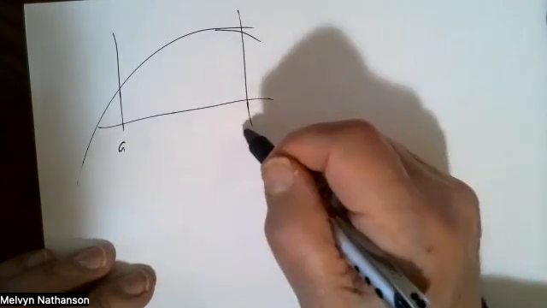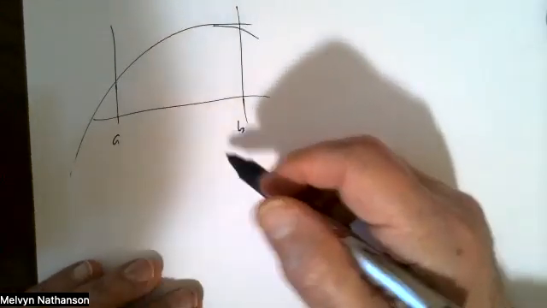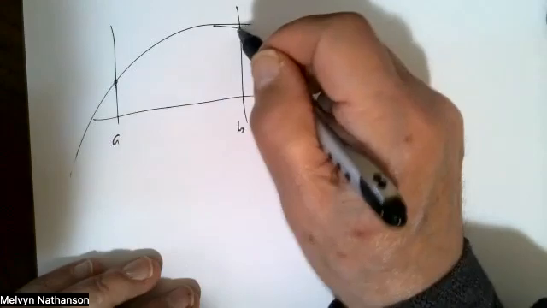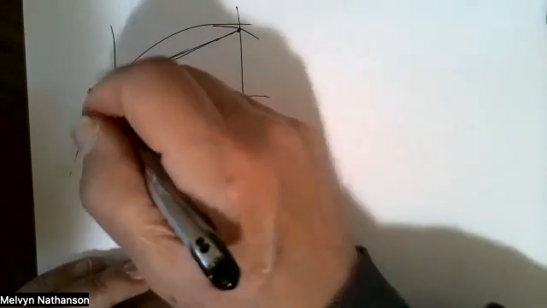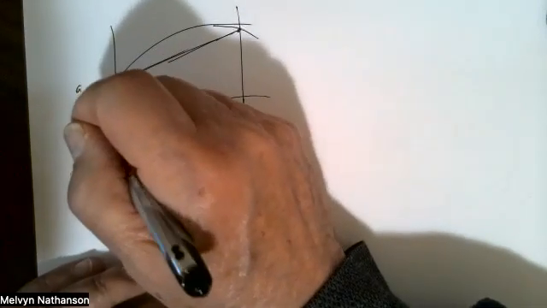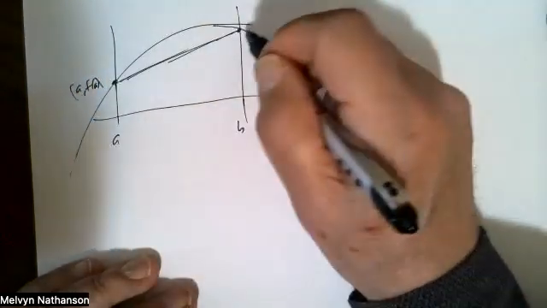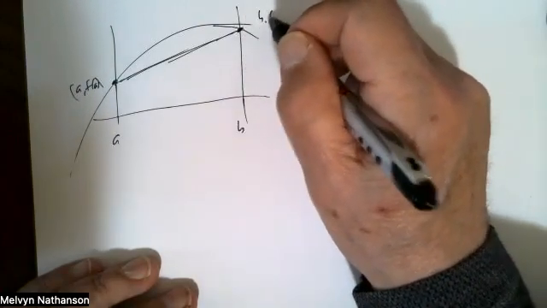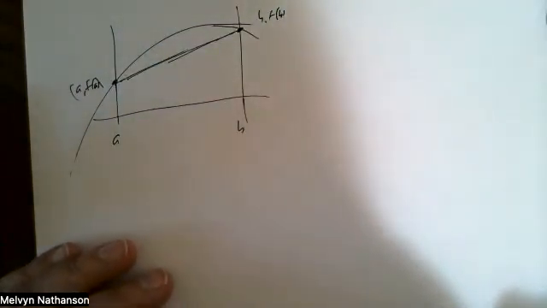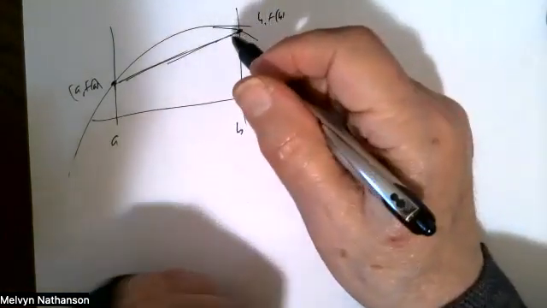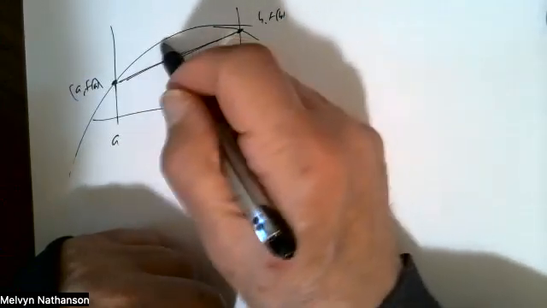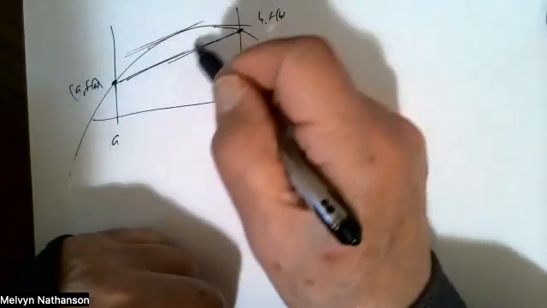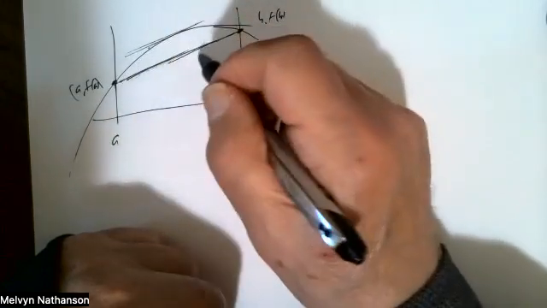Here we have a curve, and let's say this is the graph of the curve from A to B. So if I construct the secant line joining the curve at the endpoints of this interval, this is the point A comma f of A, and this is the point B comma f of B. And I claim that at some point on the curve, there's a point where the tangent line is parallel to this line.